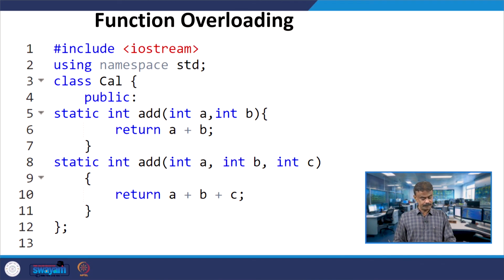So, here you see the name of the class is cal, you are calculating something. Here you have a function named add, whose return type is integer, and it has two arguments, both of data type integer.